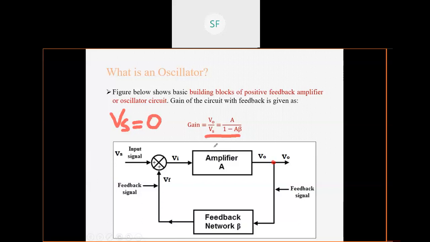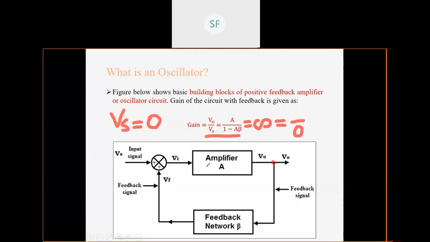So when this Vs becomes 0, this fraction will become infinite. That means the gain of this block diagram will become infinite. That means A divided by 1 minus A beta will also become infinite. Infinite is nothing but anything divided by 0.